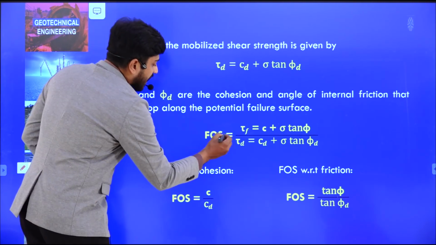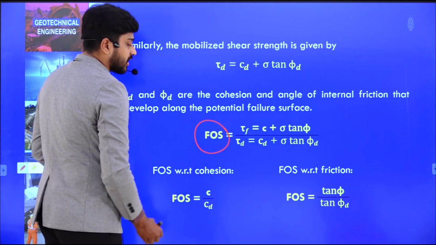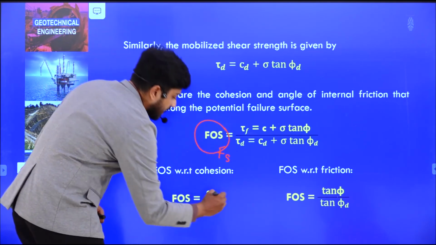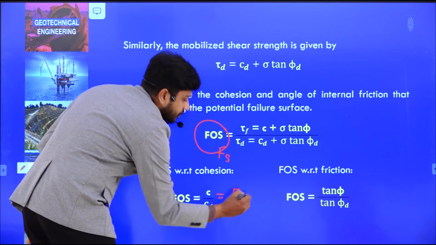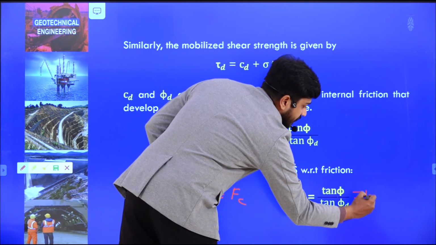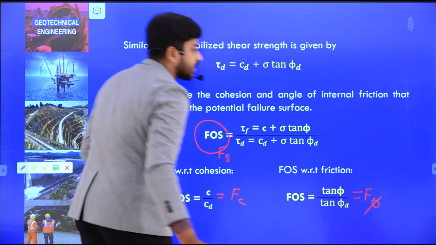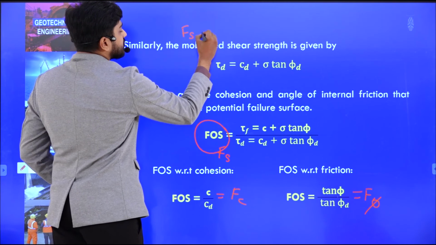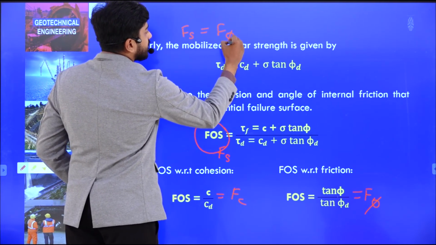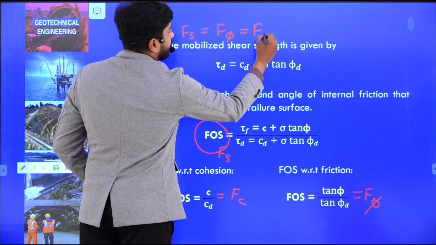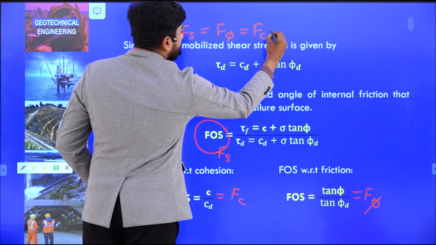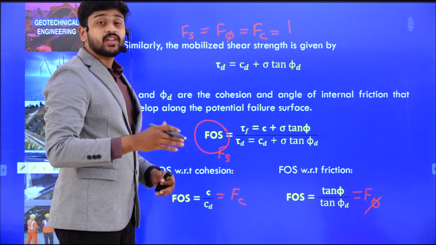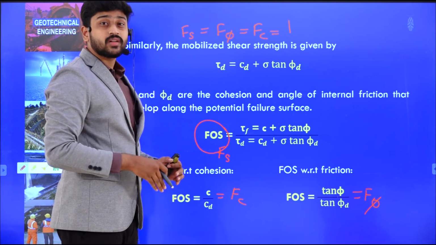Let us say this factor of safety is F s for our notation, this is F c, and this is F phi. In general, F s, F phi and F c will be equal to 1 just at the failure.